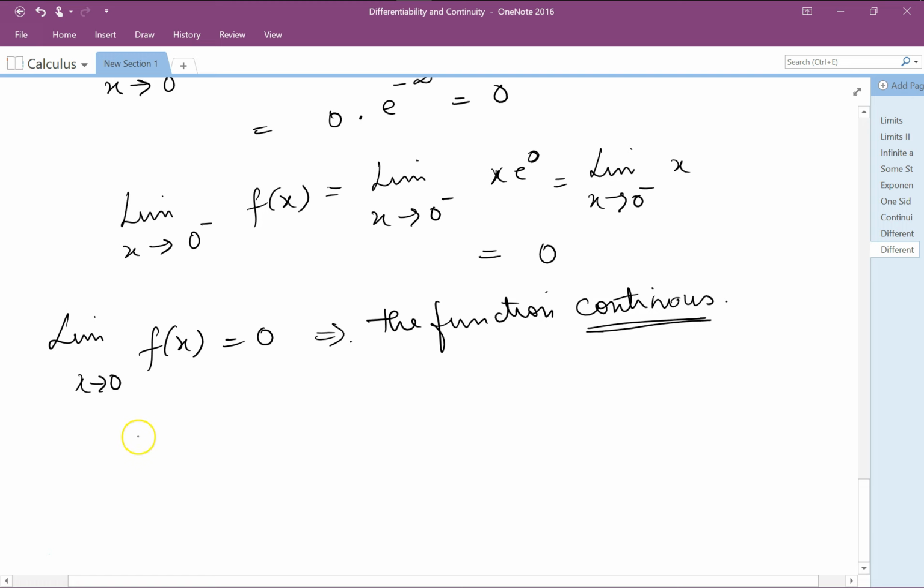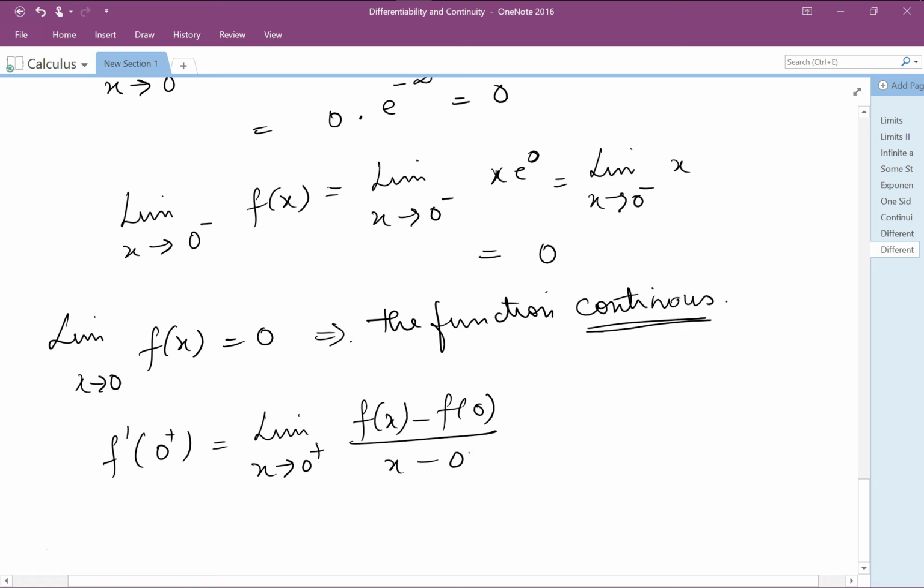Now let's look at differentiability. Which means we have to find the derivative at 0. Again, we have to look at it from both the sides. So f prime of 0 from the positive side is equal to limit as x approaches 0 from the positive side of f of x minus f of 0 divided by x minus 0.